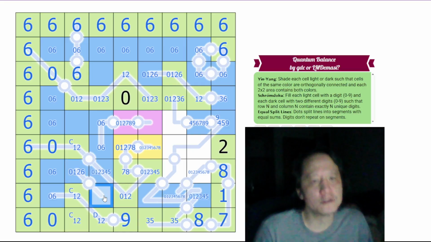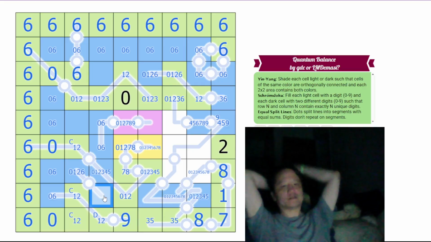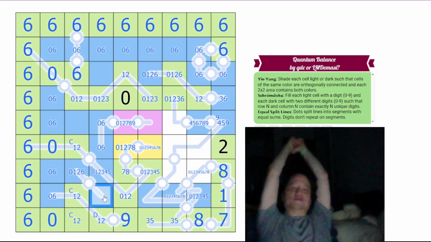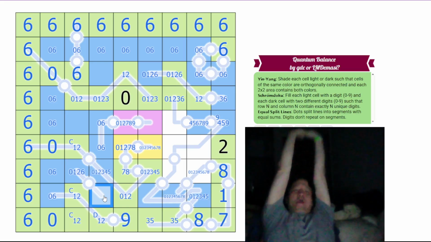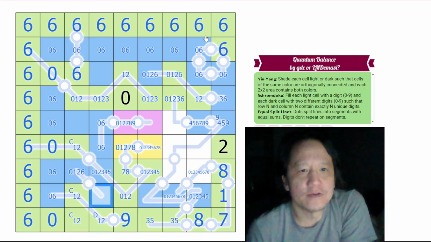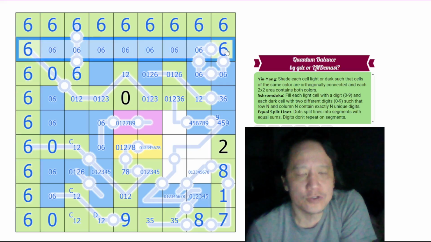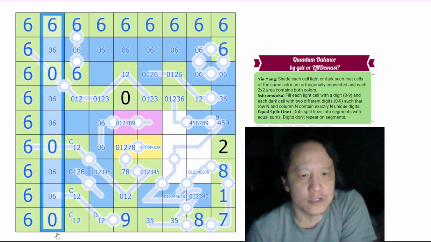This can only be 4 digits. It could be 0 and 6 also, so that works fine there. So row 1 has 1 unique digit, column 1 has 1 unique digit, row 2 has 2 unique digits, so does column 2.